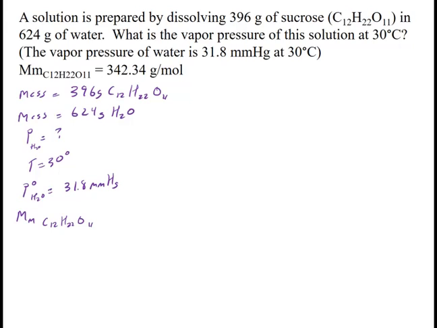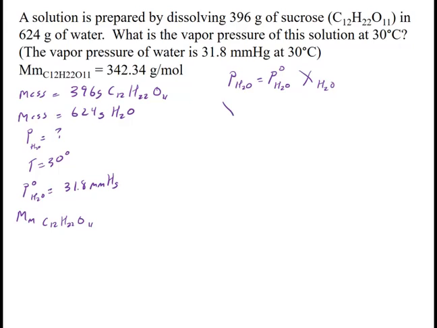So of the three equations, the easiest one to use is that the pressure of water is going to be the pressure of the pure water times the mole fraction of water, and that gets me straight to where I want to go. Okay, so while I have the vapor pressure of pure water, I do not have the mole fraction of water.